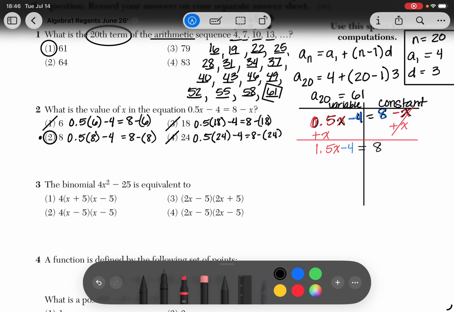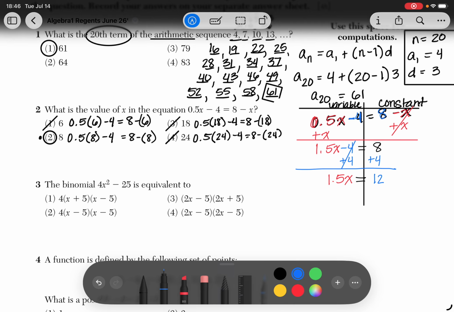Now that we did that, we want to move our constant negative 4 to the other side. So we're going to do that by doing the inverse of negative 4, which would be adding 4, which means that negative 4 and positive 4 cancel out, and we are left with 1.5x equals 12.